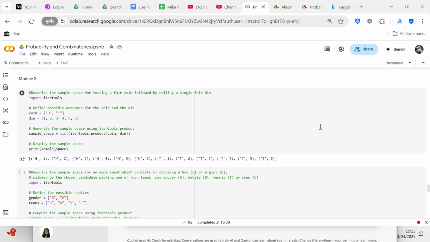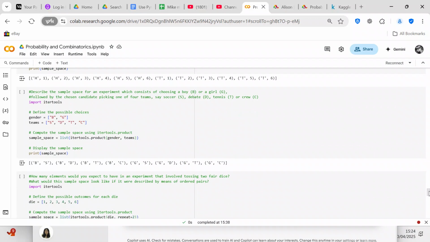The coin is going to be heads and tails, and the die is going to be 1, 2, 3, 4, 5, 6. Now we need to generate the sample space. So sample space equals list(itertools.product(coin, die)), and then we display the sample space. It's going to be H1 to H6 and then T1 to T6, so you're going to have 12 elements in the sample space.